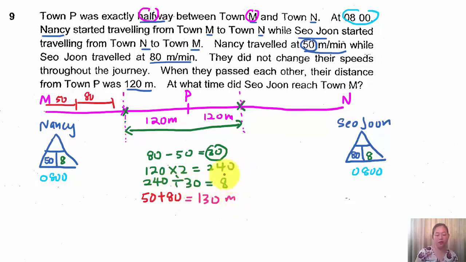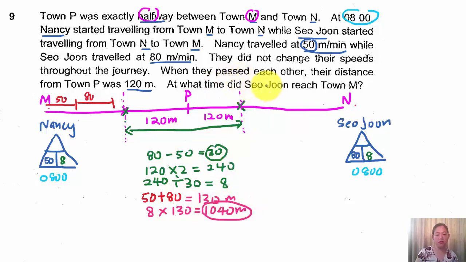In 8 minutes, that is 8 multiplied by 130, which equals 1040 meters. So the distance between M and N is 1040 meters.